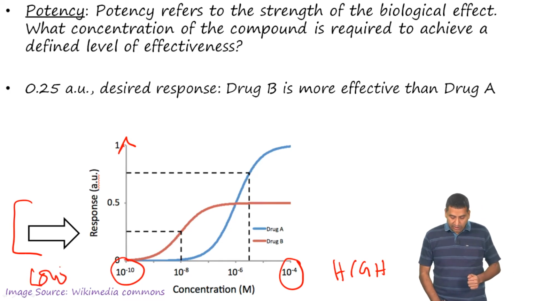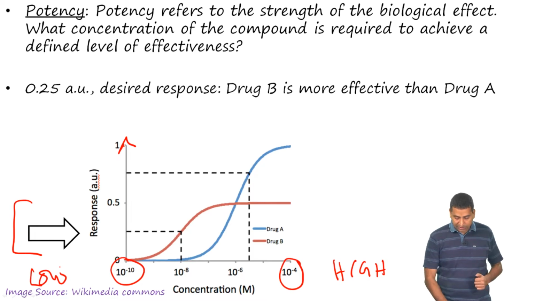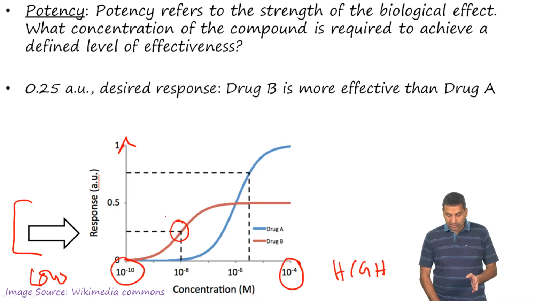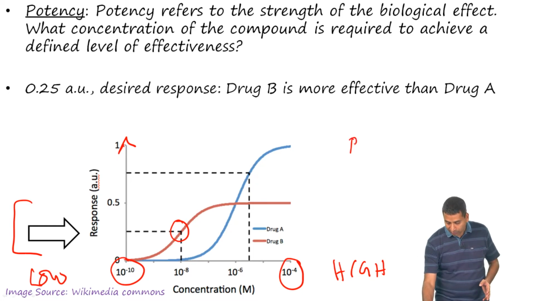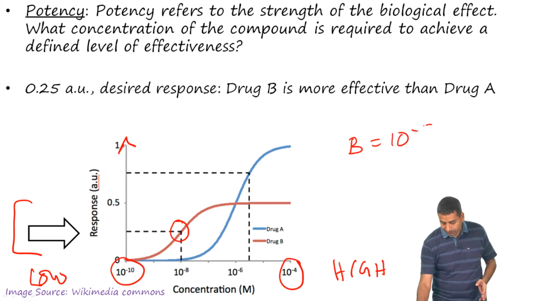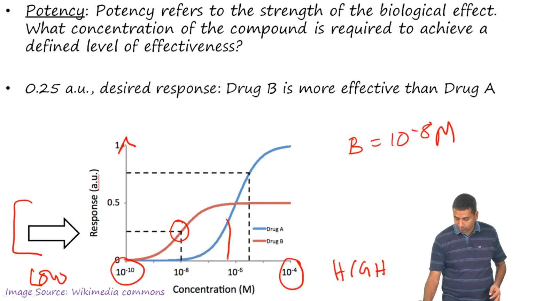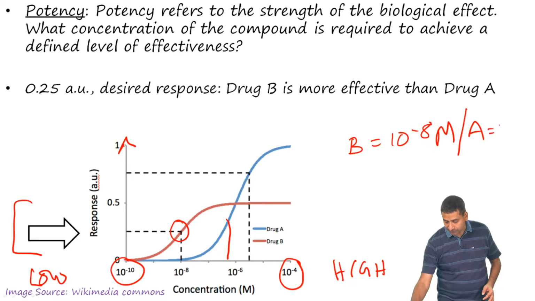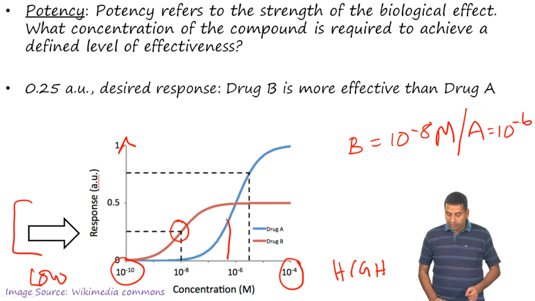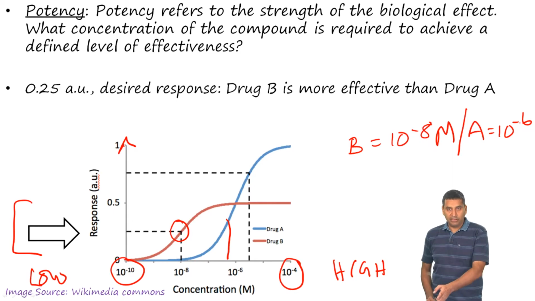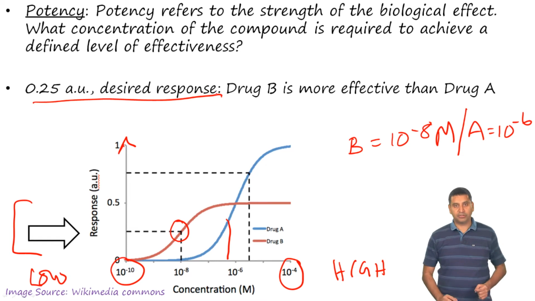If the desired response is 0.25, the concentration at which B is effective is 10 power minus 8 molar, whereas the concentration of A required to achieve the same effect is around 10 power minus 6. Therefore, B in this example is far more effective than A if the desired response is 0.25 units.